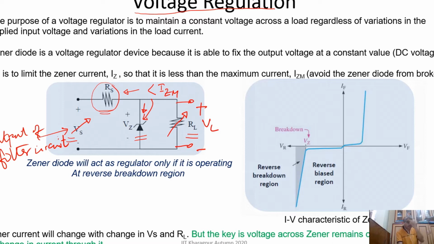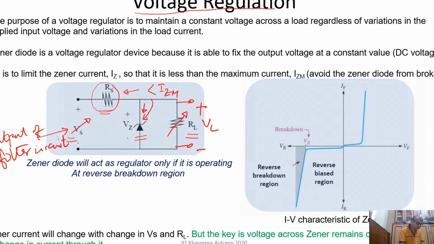Beyond that point, if you use more current, the Zener will burn out. So what RS will do is restrict the current so that it will not go more than IZM referred in the specification sheet of the Zener diode.